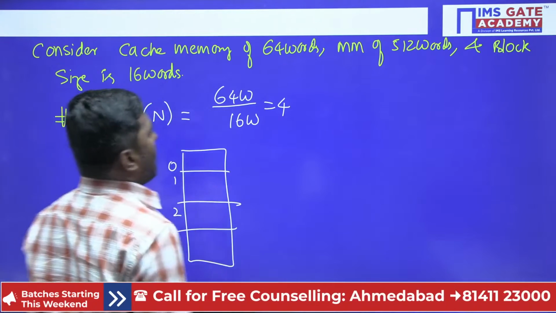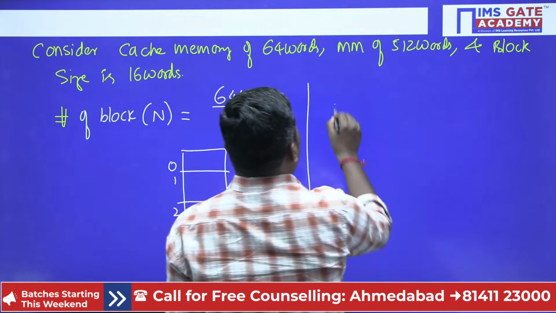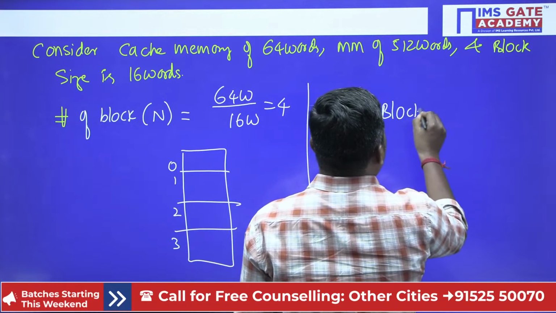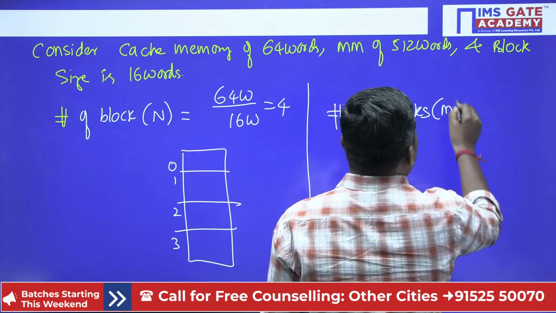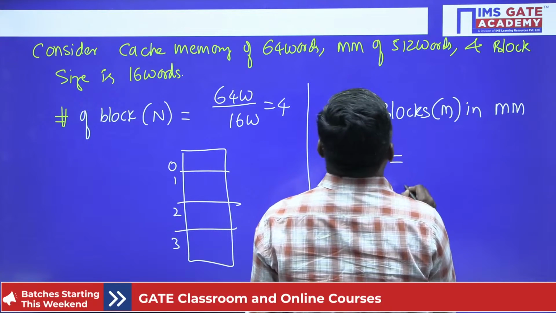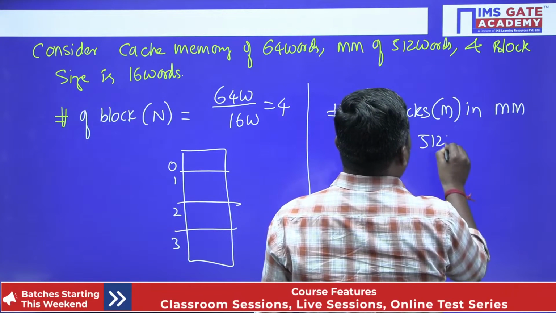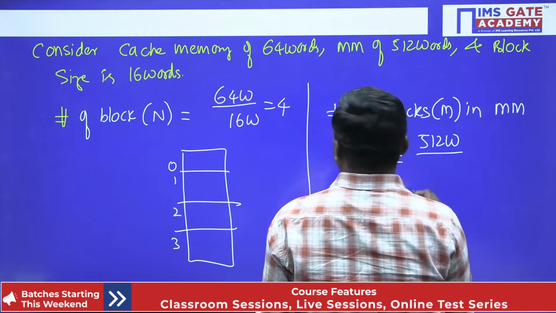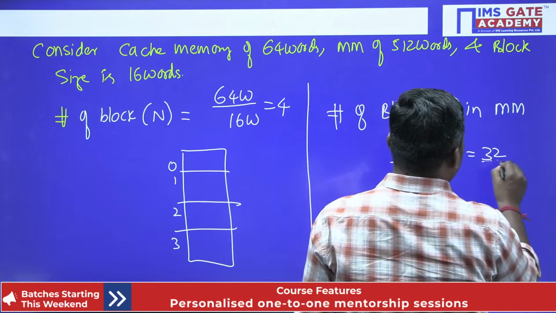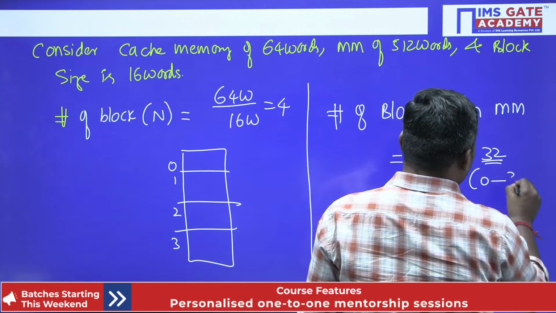Similarly, the number of blocks in main memory, which I represent by m, equals main memory size 512 words divided by the cache block size 16 words. This gives 32, numbered from 0 to 31.